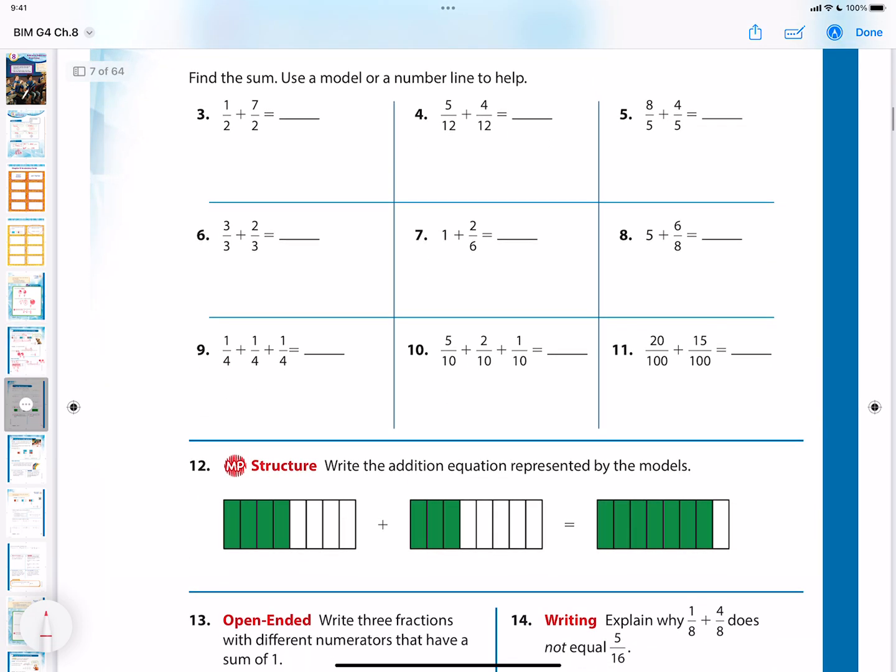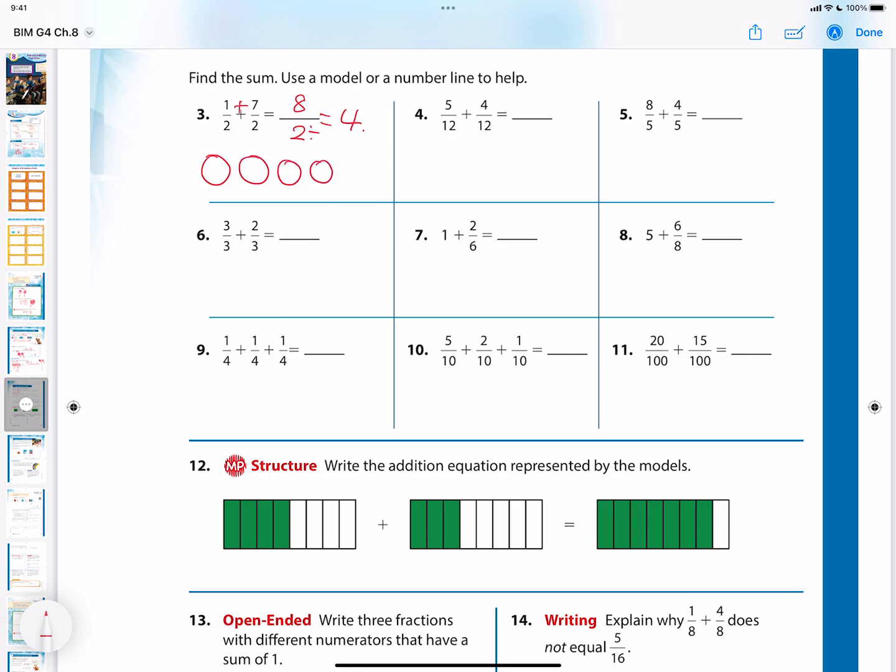Find the sum. Use a model or a number line to help. Okay, so we don't have to use the model for this, because we know already. This 1 plus 7 is what? 8 over 2. Okay, that is equivalent to 4. How? I can tell you by pizza, but you know what?